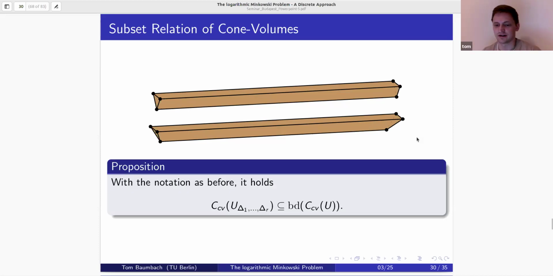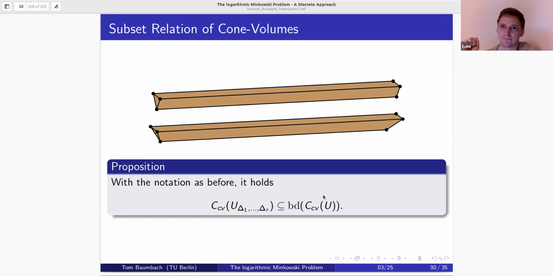That fact allows us to conclude that the cone volume set of U_{Δ_1,...,Δ_r} is always contained in the closure of the cone volume set of U. So we have some nice subset relations now, which imply some nice results. For example, it also implies that we have equality if and only if U defines a polytope.